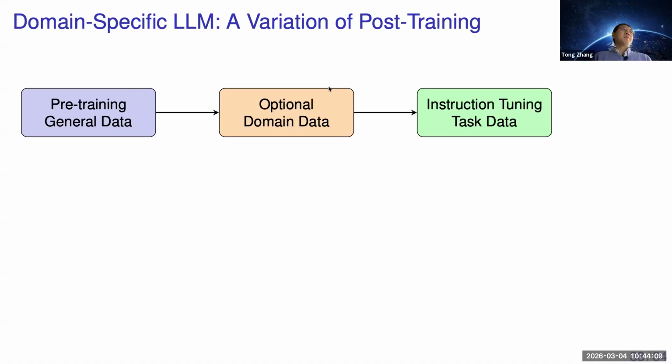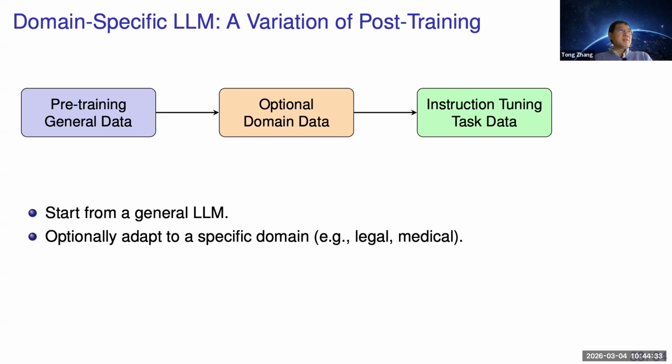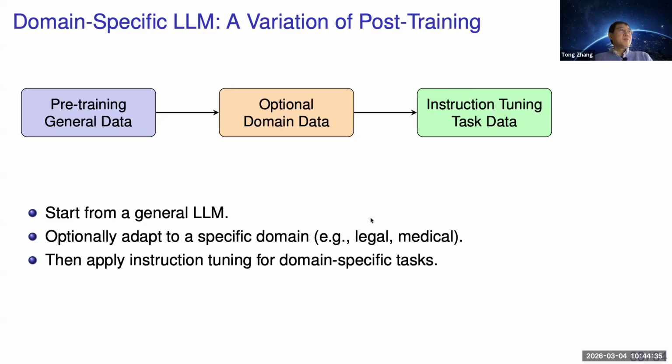Now, let's say you have special data, you believe they are probably not there, or you want to emphasize those data, maybe they don't learn as well. You want them to be more focused on this data, then you train on this data, and then you do instruction tuning related to this data. So you can do a mixture of that, right? This instruction tuning is more domain specific. It's not the general one. So then you can still do a specialized one.